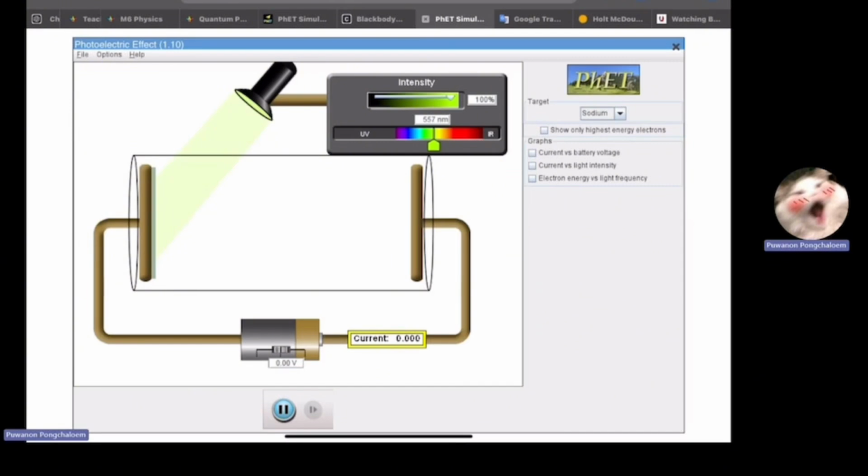Now let's increase the frequency above the threshold. Like this. Now you can see that electrons are ejected, and increasing intensity increases the current. Now the current is 0.019. If we lower the intensity, it lowers to 0.016 or something like that.